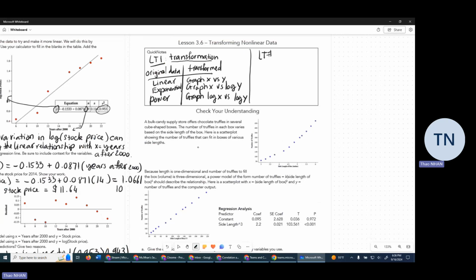Learning target number 2: we also make predictions by plugging in x and then solving for y.